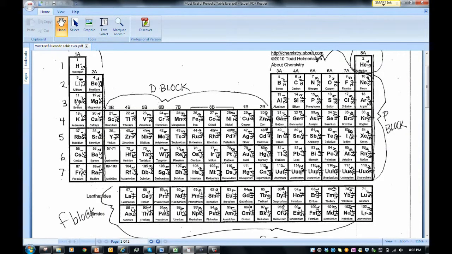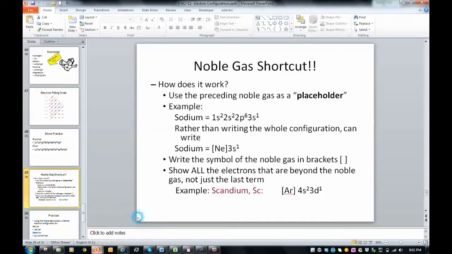Sodium's number 11, so of all of these noble gases, the one that exists right before it is neon. You skip writing all this other stuff until you get to neon, and you just put neon in brackets and continue from there. So for sodium, it's just neon in brackets 3s1. Instead of writing all of this, you just get to write neon 3s1.